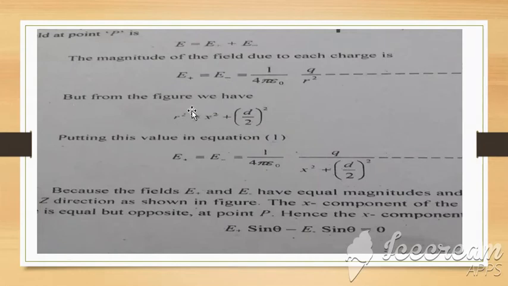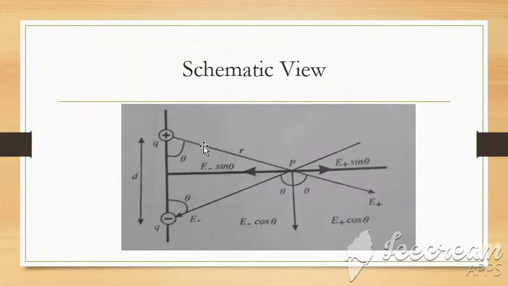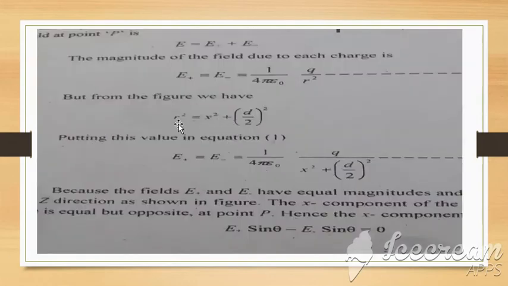But from the last figure which I have shown you, r is the hypotenuse, x is the perpendicular, and this one is d by 2, the other side. So r square is equal to x square plus d by 2 whole square.